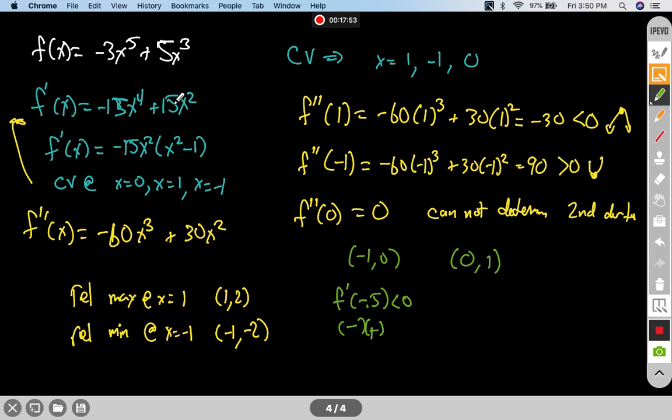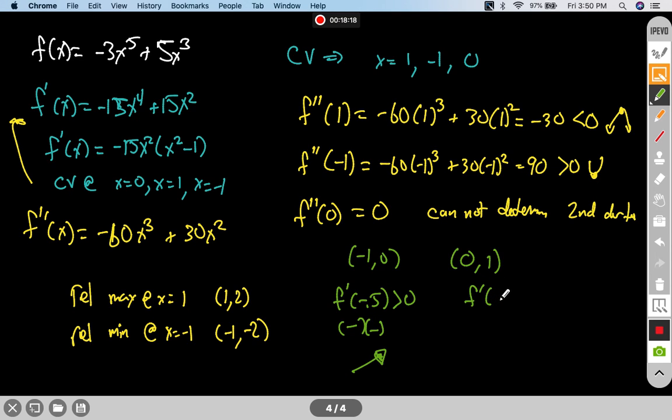No, this is positive, because that's always going to be positive. No, what did I... Oh, sorry. Okay, brain fart. Undo. A negative times a negative is not less than 0. It's greater than 0. So this is increasing between negative 1 and 0.